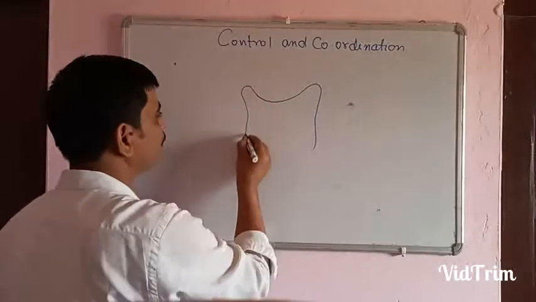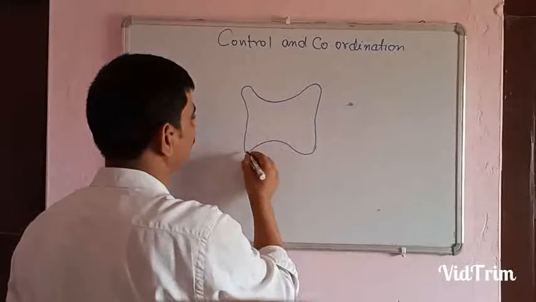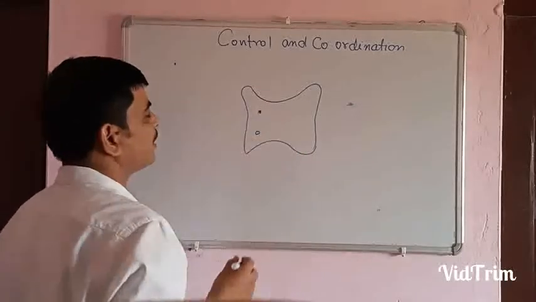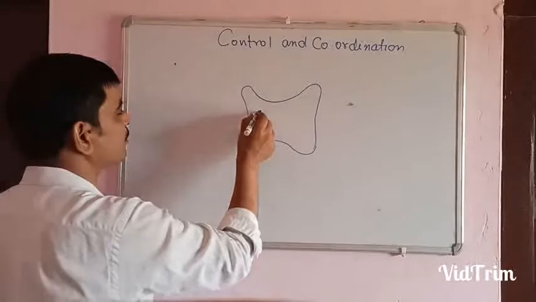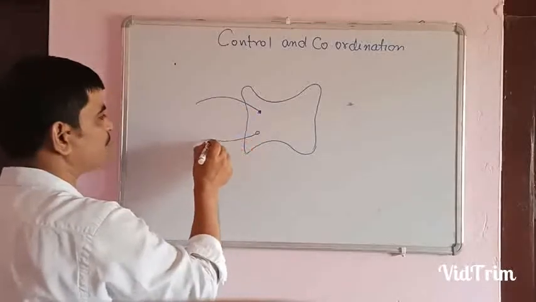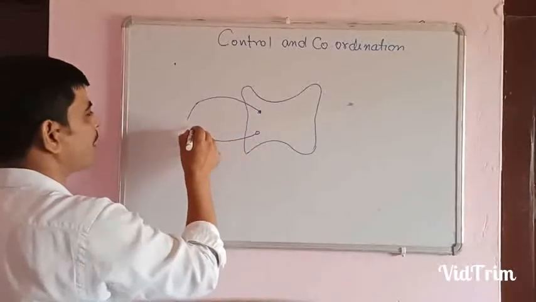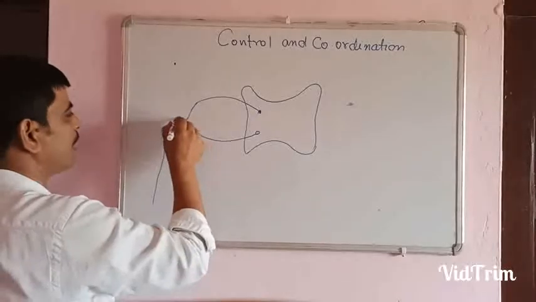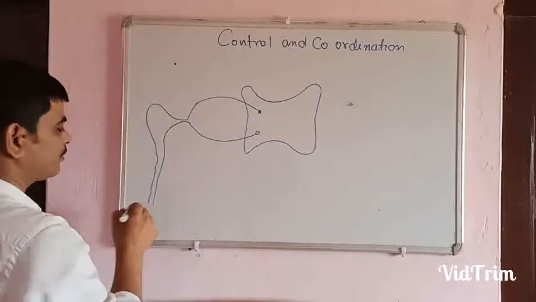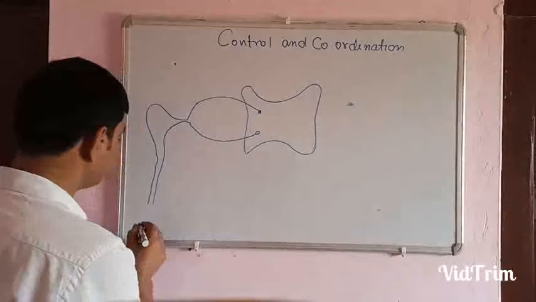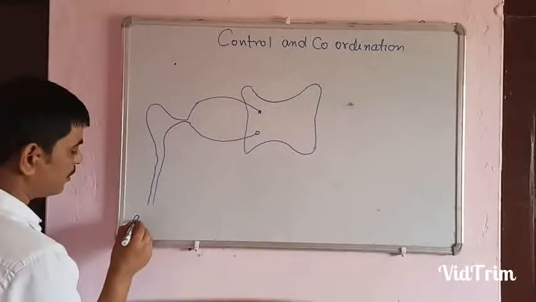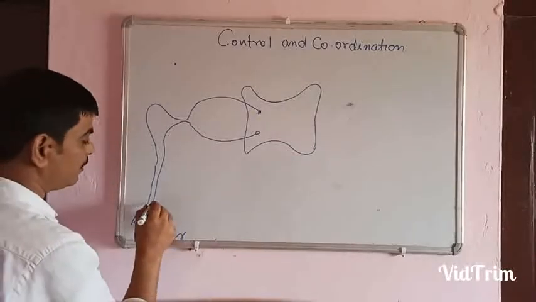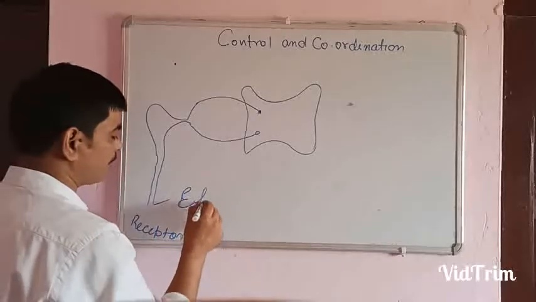Suppose this is the spinal cord, one part, with two types of nerves, and these two types of nerves go in two directions. Now see, suppose here it is the receptor and this one is the effector.